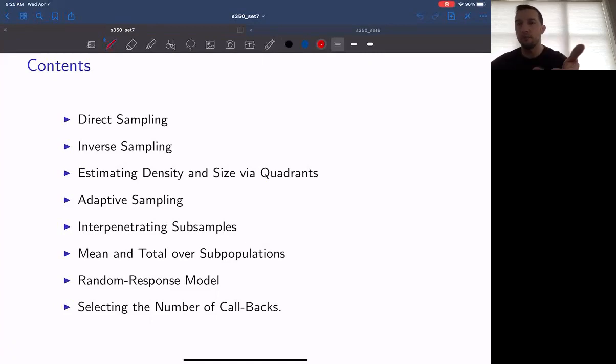As you might recall, we have seen 5 different survey sampling schemes. We talked about simple random sampling, stratified sampling, systematic sampling, cluster sampling and 2-stage cluster sampling. Across all of those sampling strategies, there are a number of issues that can occur when you're collecting information, or even when you're going to perform estimation.